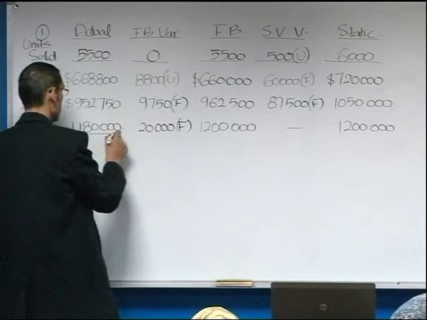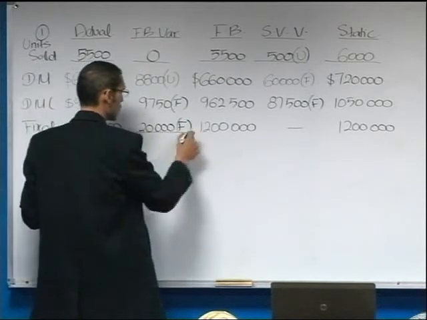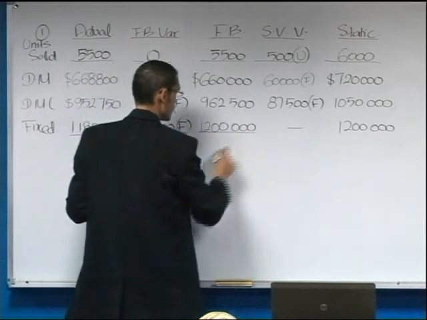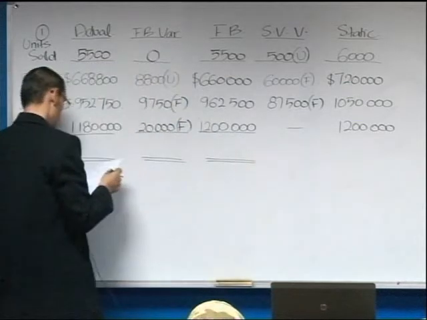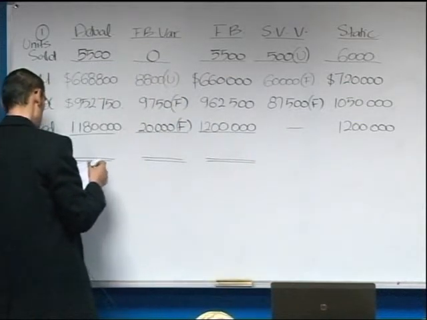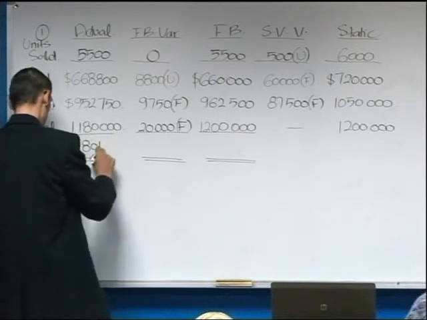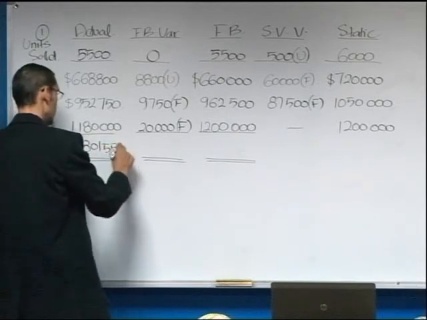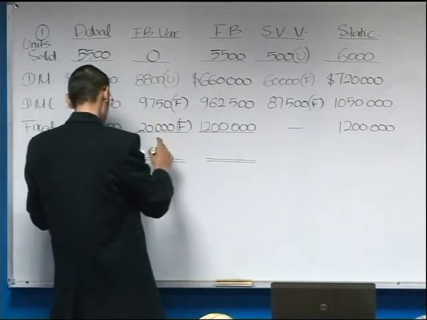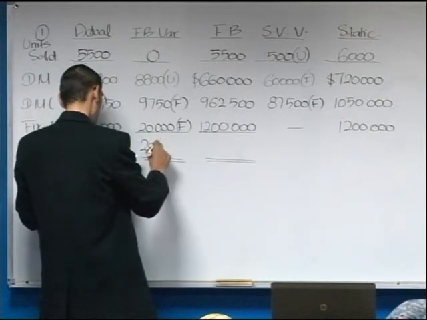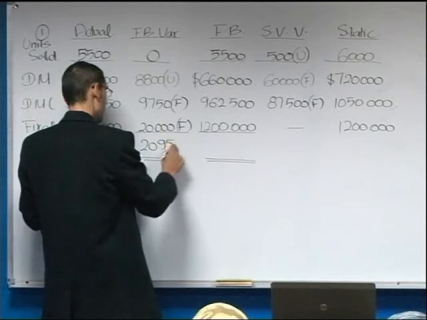Of course, the totals. The total costs here would be 2,801,550. The total of the flexible budget variance would be 20,950.